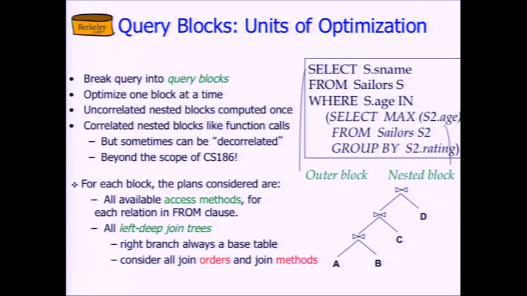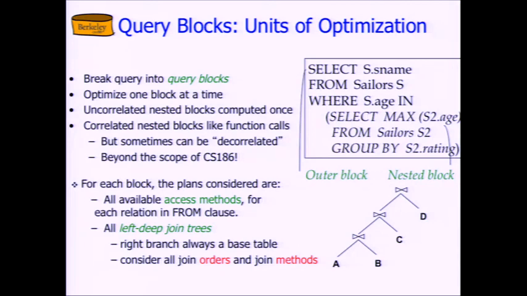So if you have an outer query block, let me draw a picture. Select from where, so let's say from T, dot, dot, dot, where blah, select from where, let's say T2, blah, blah, blah, where T1 dot something equals T2 dot something.